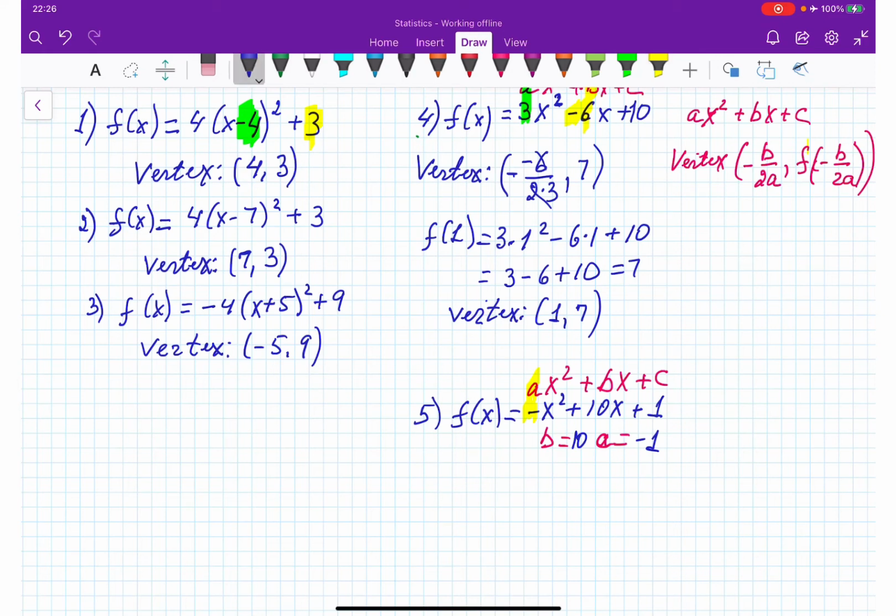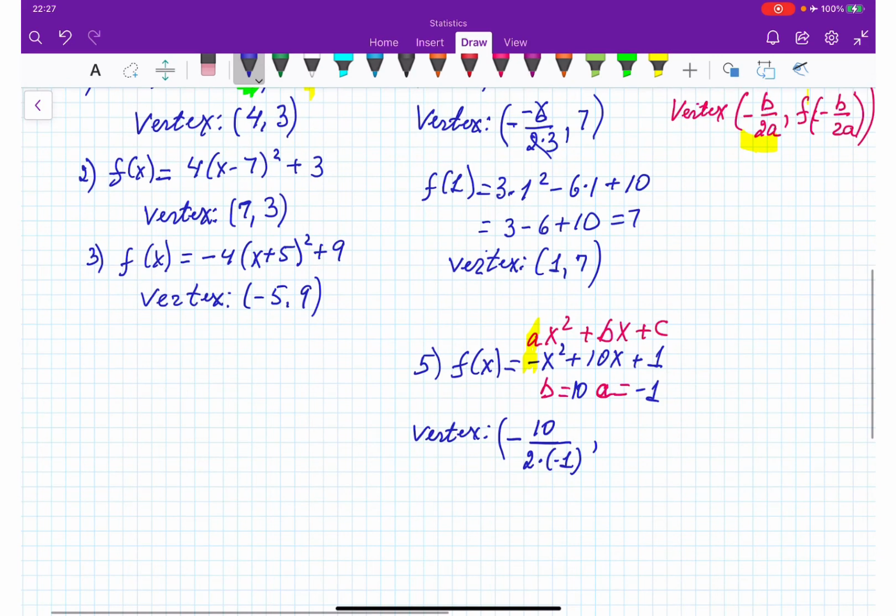Okay, let's solve it. So x, the vertex, is going to be, I'm using this one, right, negative b over 2a. All right, negative. b is 10, so it's going to be 10 over 2 times a, which is negative 1.